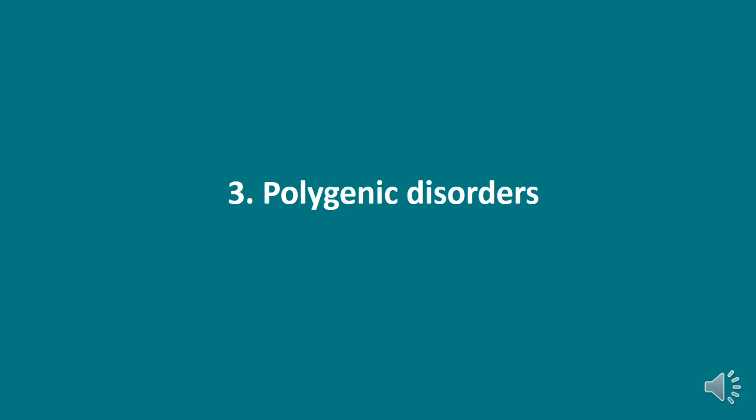So far we have discussed chromosomal disorders and monogenic disorders. Now let's see what these polygenic disorders are. In this term, poly means many. So in polygenic disorders, many genes should be simultaneously mutated in order to cause a disease.